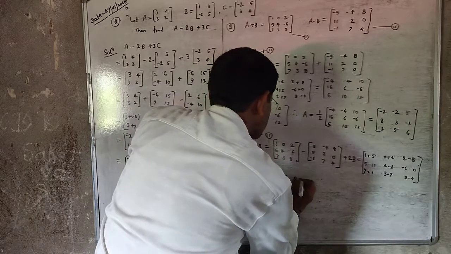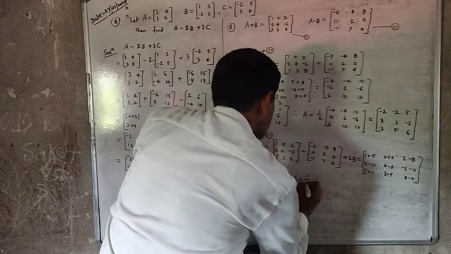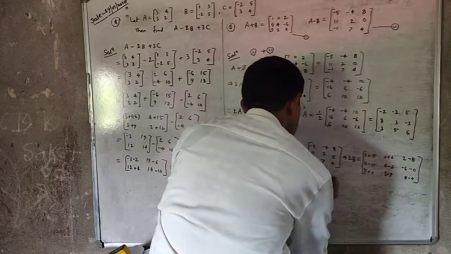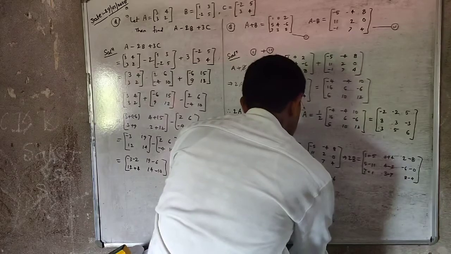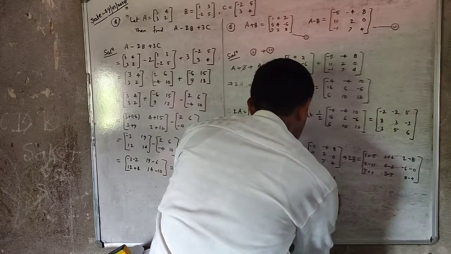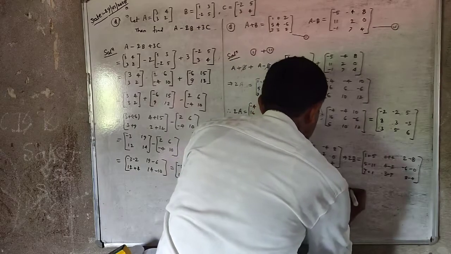Therefore, matrix B can be found as 1 by 2 into 6, 4, minus 6, minus 6, 2, minus 6 and 8, minus 4, 4.